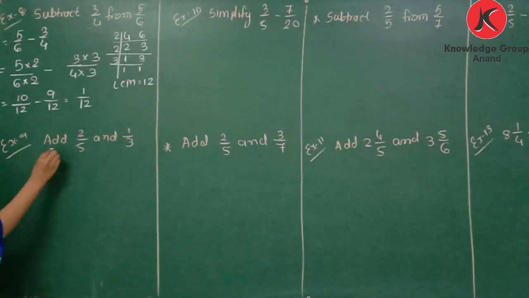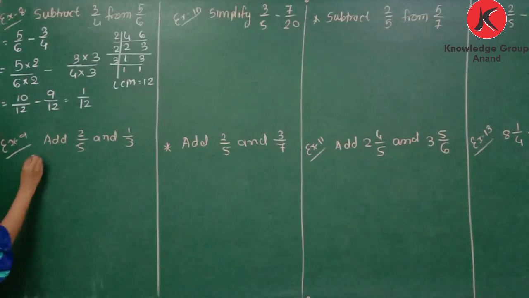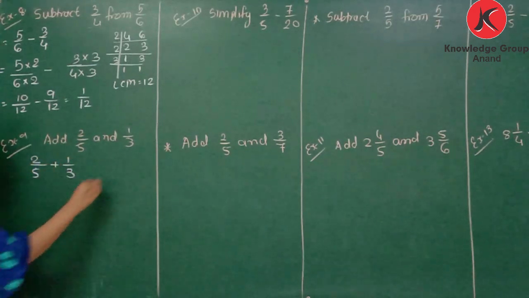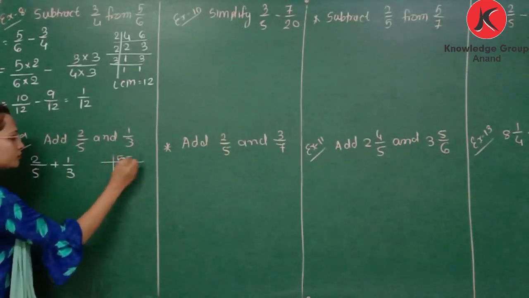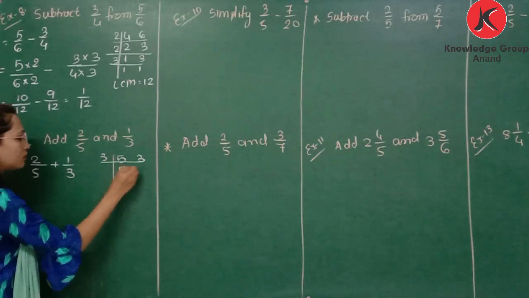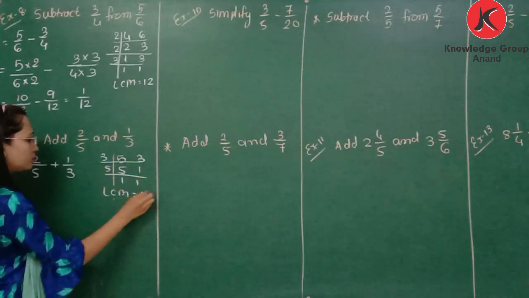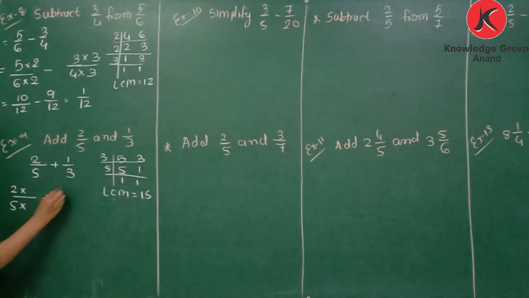Now next one, add 2 by 5 and 1 by 3. So here we can write 2 by 5 plus 1 by 3. Now the LCM of 3 and 5, because the denominators are different. So the LCM is 15. By what number should we multiply 5 to get 15?